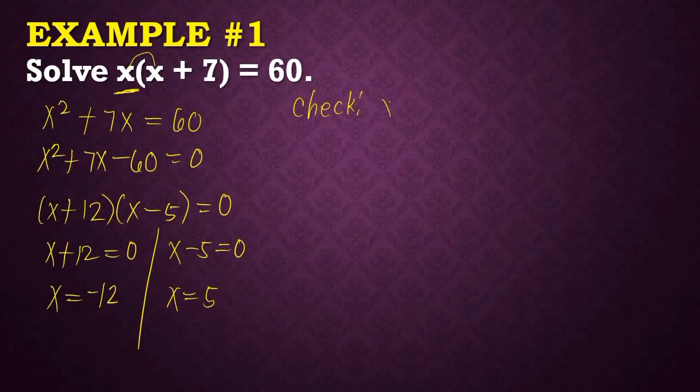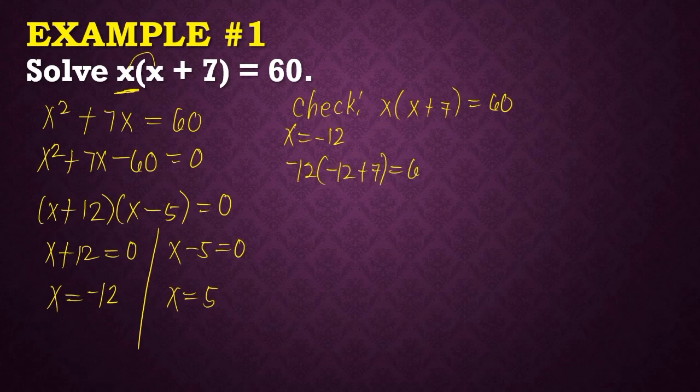So, using the original equation, kapag chine-check po natin yung ating mga solutions, make sure gagamitin po natin yung original equation, hindi po yung na-transform na equation. So, if x is equal to negative 12, so negative 12 times the quantity negative 12 plus 7 equals 60.